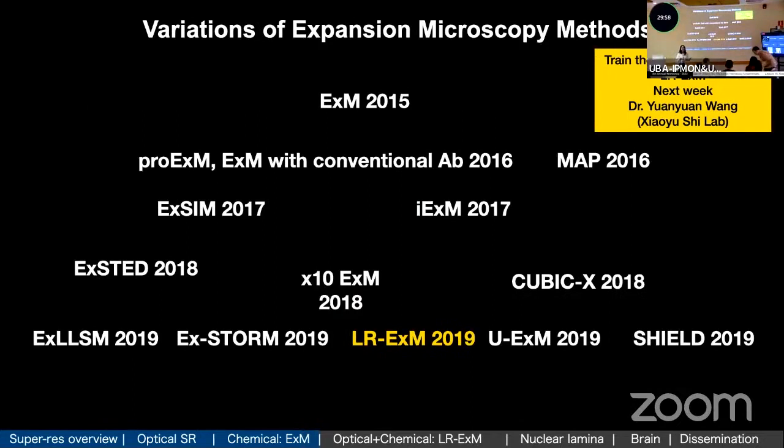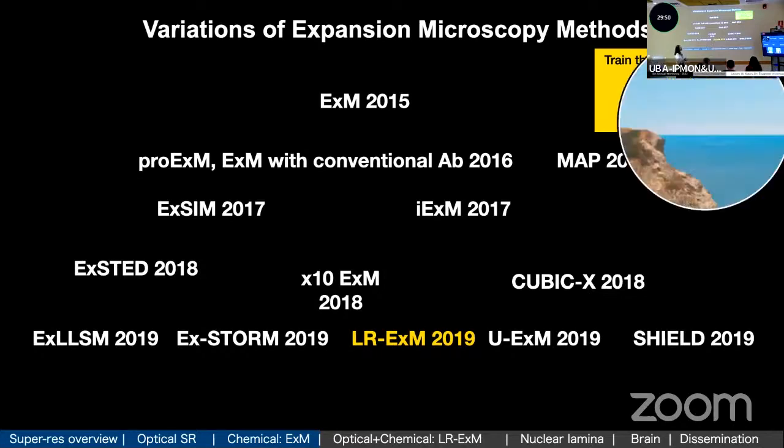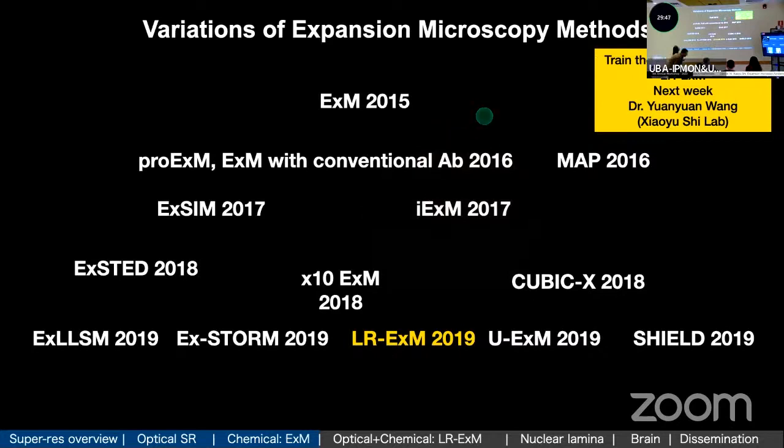And similarly to the optical approaches, there are a lot of acronyms for all the different variations of expansion microscopy. Oh, I have one. Okay. So from the 2015 ExM, and you have the Pro-ExM, or ExM with conventional antibodies, and later on combinations with super-resolution optical approaches like ExSIM, ExSTED, ExSTORM, and then combined with the lattice light sheet and ten-times expansion, iterative expansion.